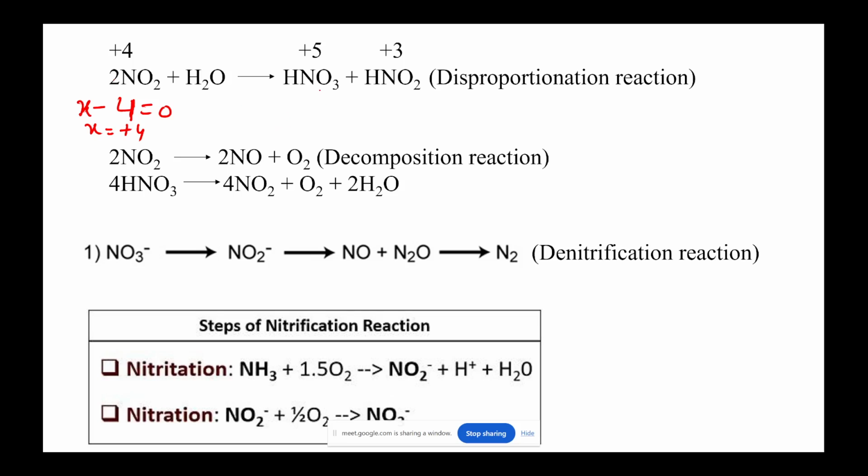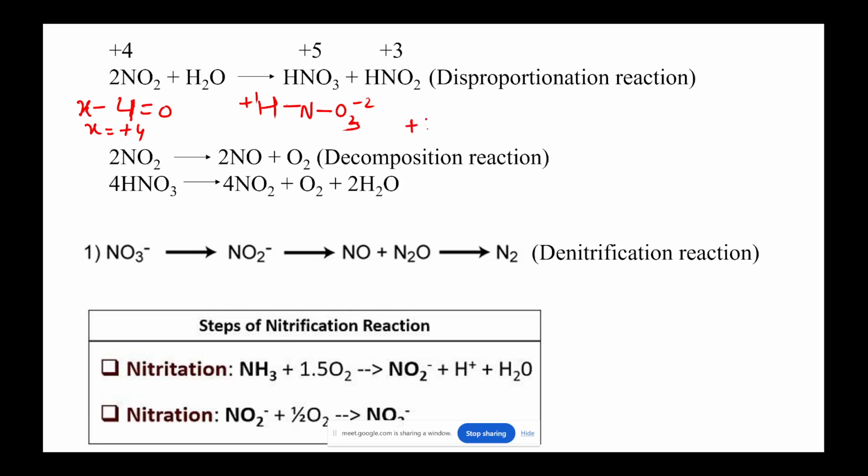Similarly, if I ask you to calculate the oxidation state of nitrogen in nitric acid, that is HNO3. With the nitrogen, we have 3 oxygens and 1 hydrogen, right? Hydrogen has an oxidation state of +1, oxygen has an oxidation state of -2. If I consider the oxidation state of N as X, the overall charge on the compound is 0.